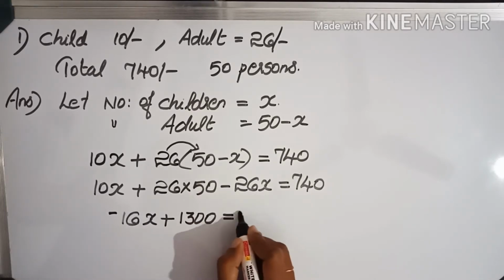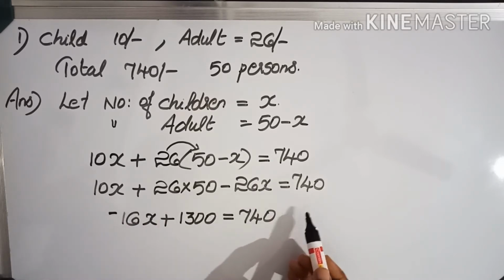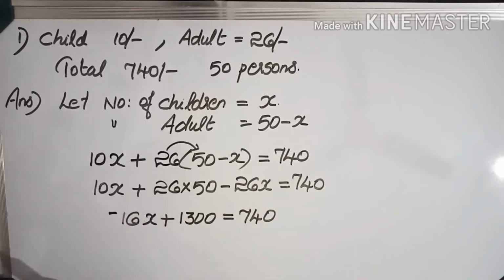That is equal to 740. Now here a negative sign is there. So in order to avoid that, let's take this minus 16x to this side and 740 to this side, so that we can avoid the negative sign. So the remaining number here will be 1300.